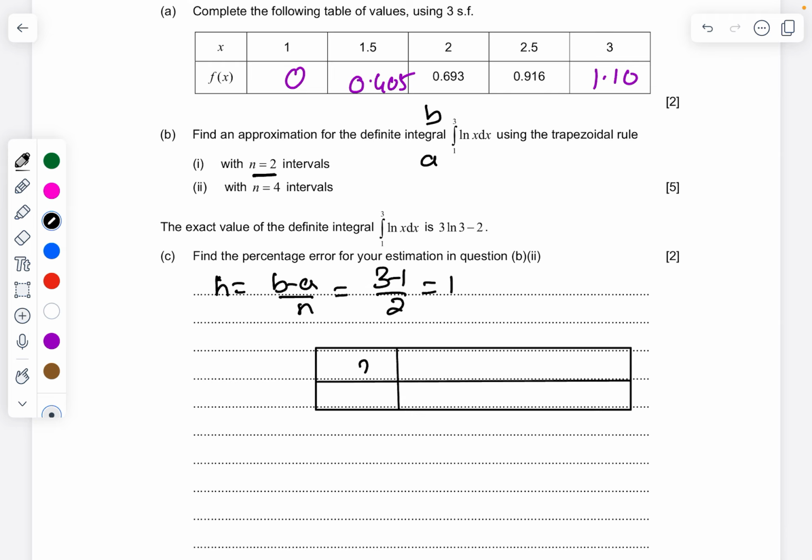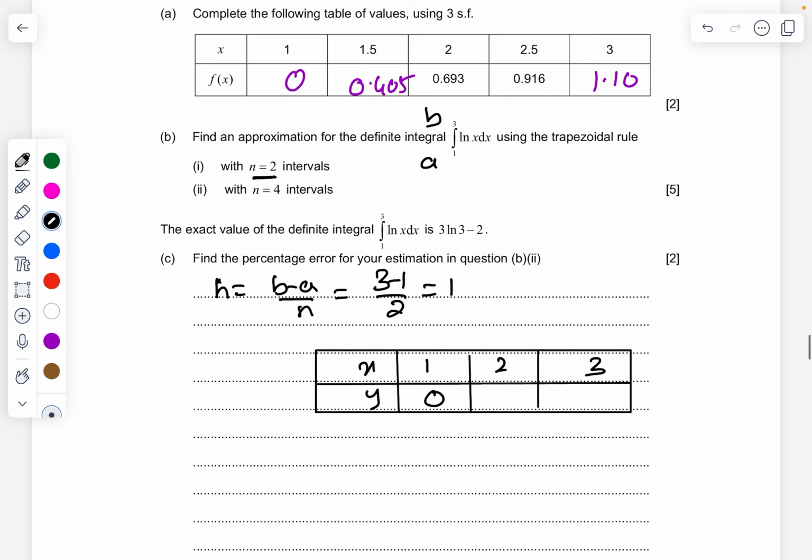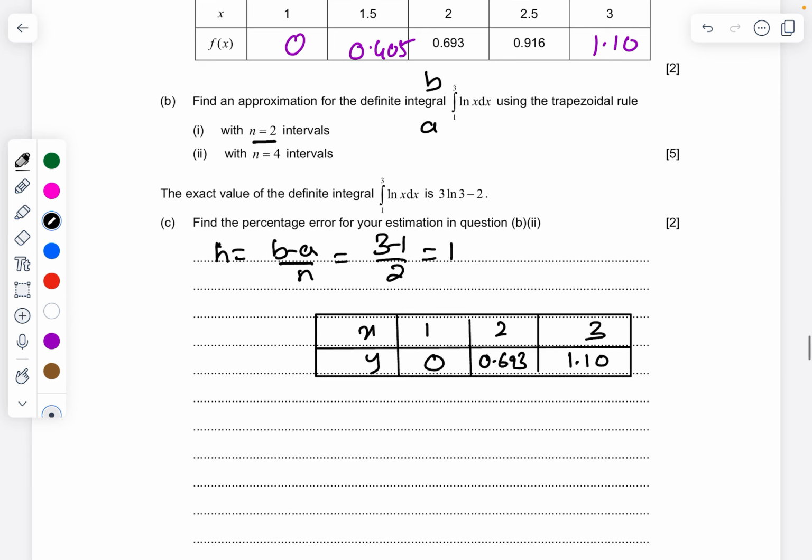So start with x and y. x is 1, 2, and 3. Keep on adding h. So when I substitute 1, ln 1 is 0. And when I substitute 2, it is 0.693. And when I substitute 3, 1.10. So 1 upon 2, first term plus last term plus twice of 0.693, which is going to be 1.243.